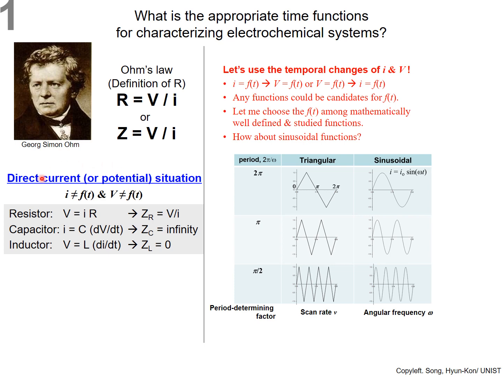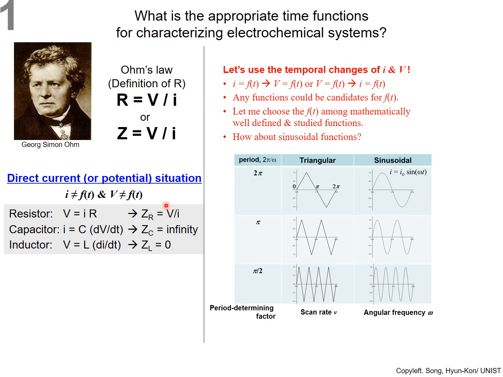Let me start with the resistor. What kind of impedance can be obtained from the resistor? This is the first equation, Ohm's law. And the impedance of a resistor was defined by the definition of resistor.